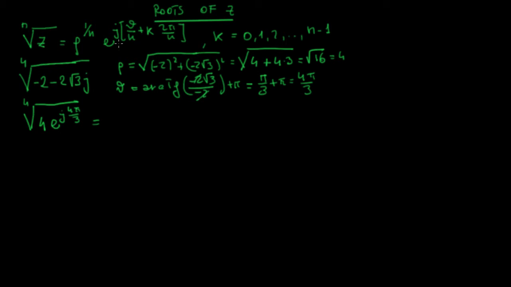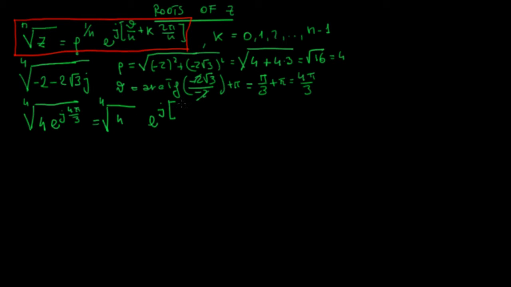Keep in mind this is the fundamental formula that we found last time, which allows us to find the nth root of a complex number. If we apply this, what I found is that this is equal to the fourth root of 4 times e to j (theta, in this case 4 pi over 3, times 1 over 4, because n is 4, plus k times 2 pi over 4).